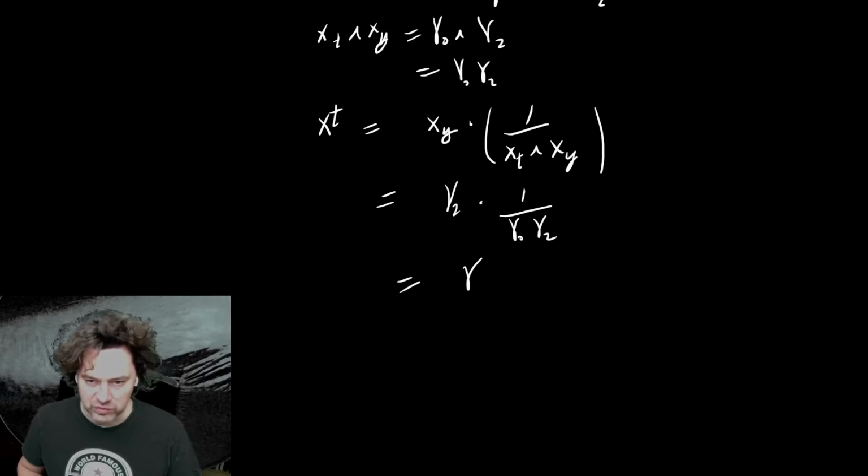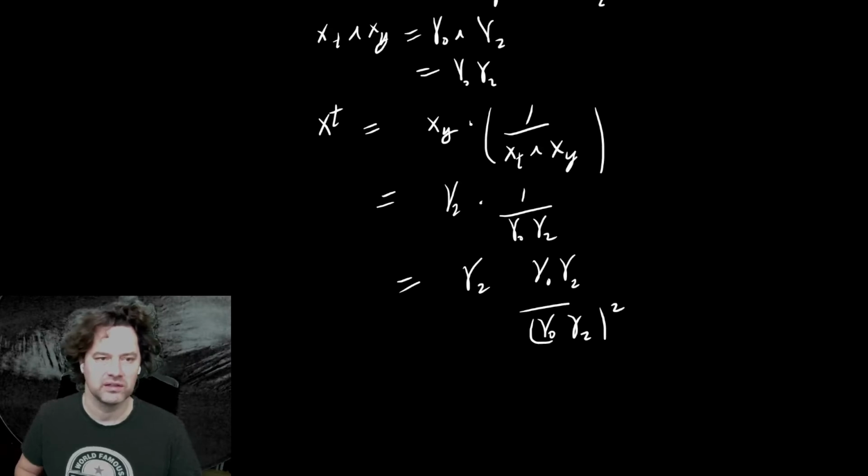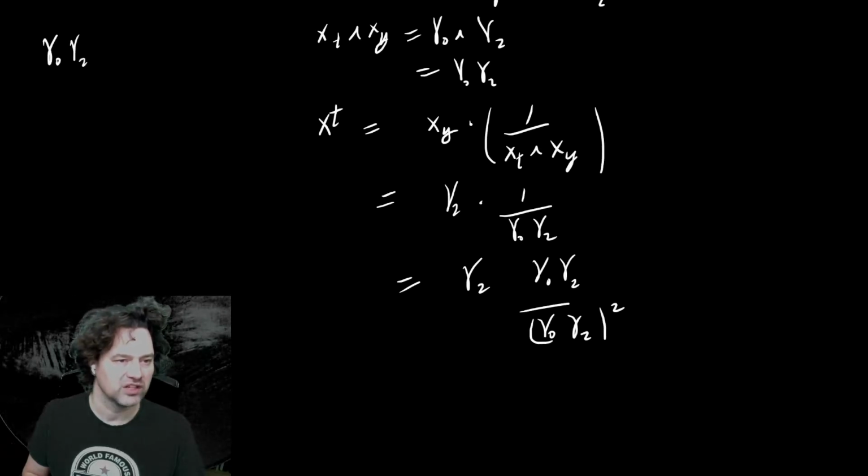We do this inverse explicitly. We now have gamma 2, not gamma 2 divided by gamma naught gamma 2 squared. And even though this is a bivector squared, the space-time bivectors have a positive square.